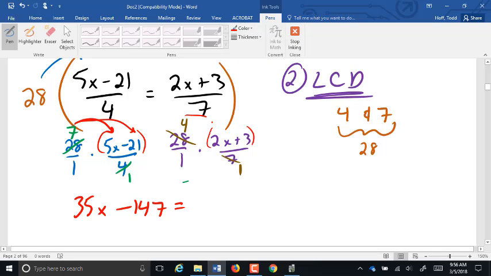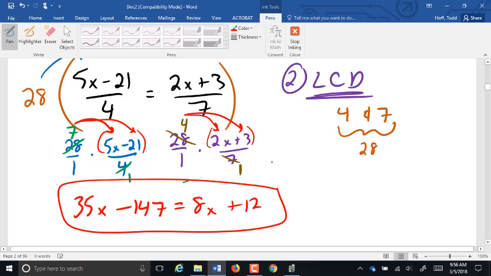Then we distribute the 4. 4 times 2x is 8x, and 4 times 3 is 12. This is the exact same equation we got to by cross multiplying up above. So now we would go through those same steps to solve that equation. We'd subtract the 8x, add the 147, and go from there.